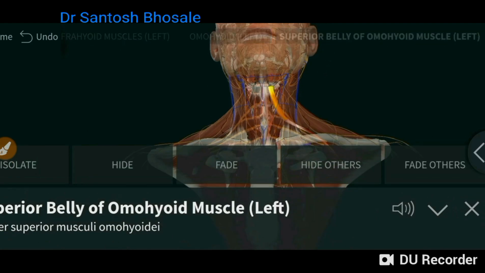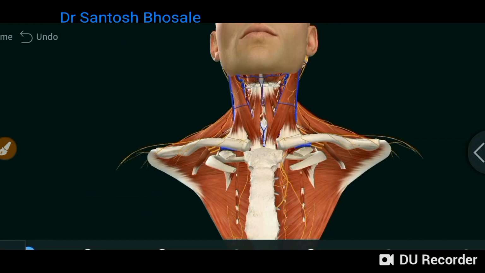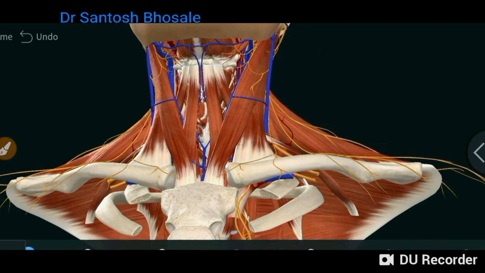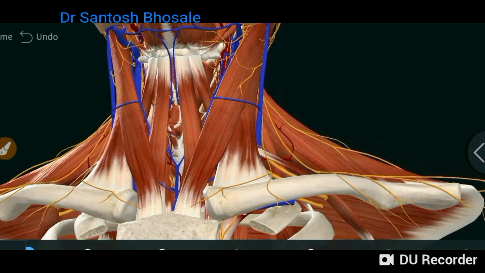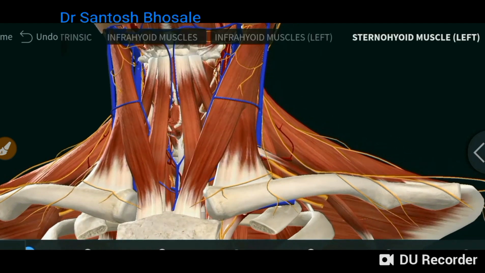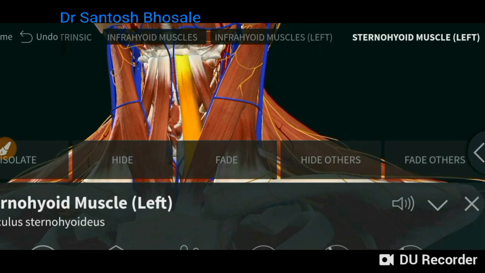It has 2 bellies. You can see there the extent of omohyoid, superior belly and inferior belly. Superior belly is forming the boundaries of the subdivisions of the anterior triangle. Inferior belly is in the posterior triangle.